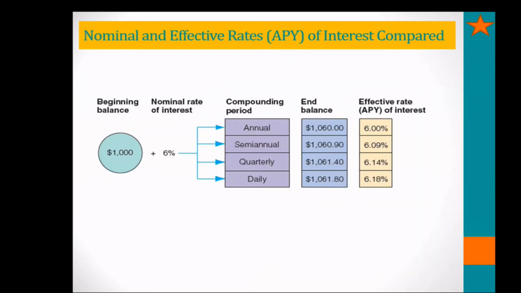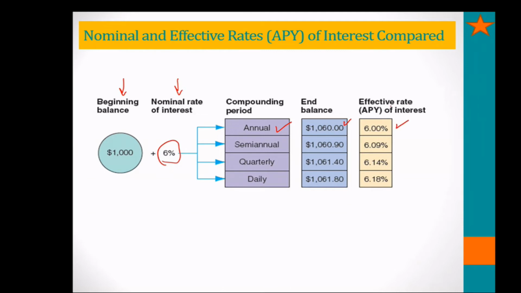This simple graph shows that if I start with a beginning balance of $1,000 and the bank gives a nominal rate of interest of 6%, we call this the nominal rate. If it's compounded annually, the ending balance will be 1,060. It means a $60 benefit, $60 divided by 1,000 as a rate, 6%.